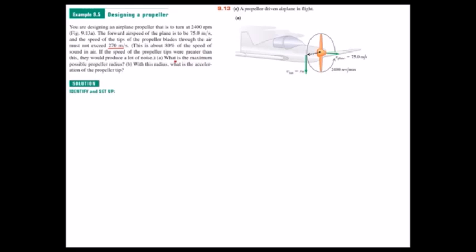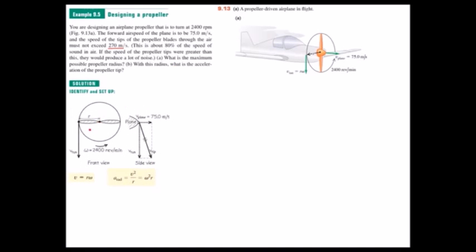We're going to calculate what the maximum possible propeller radius can be, and with this radius we're going to calculate the acceleration of the propeller tip. So let's look at a diagram of the motion. If we look from the front of the plane, we see at this moment that the tip of the propeller will be headed straight down at a speed v tan, which is simply going to be r times omega.